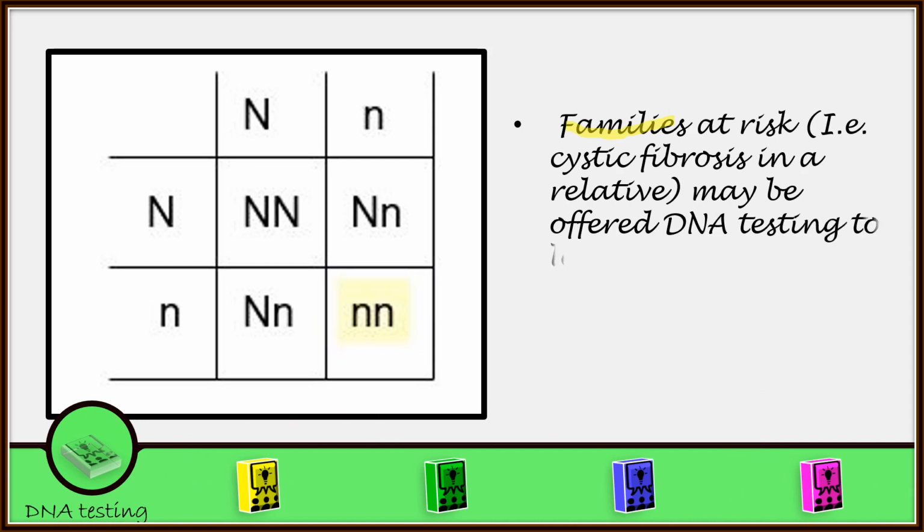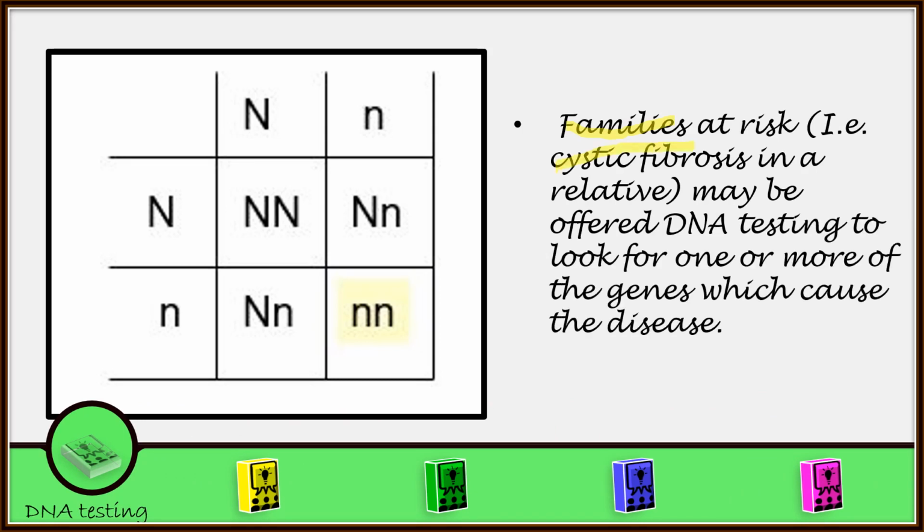Families at risk, for example, cystic fibrosis in a relative, may be offered DNA testing to look for 1 or more genes which cause the disease. Those are for families at risk. If there is someone, a relative, with cystic fibrosis, they can carry out DNA tests to look for 1 or more genes which can cause the disease.